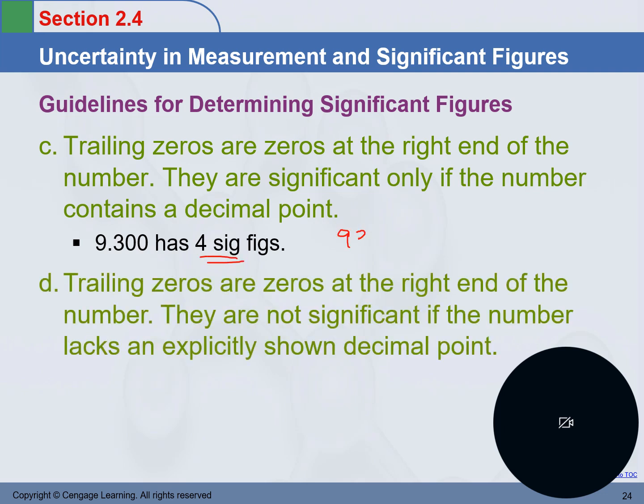If it were just 9,300 with no decimal present, that's when they don't count, and this one would only have 2 significant figures. I like to call them sig figs. So if there is a decimal present, then these trailing zeros count. If there's no decimal present, those zeros do not count.